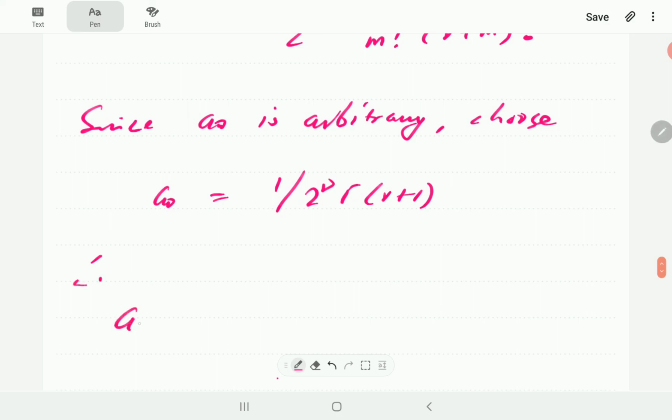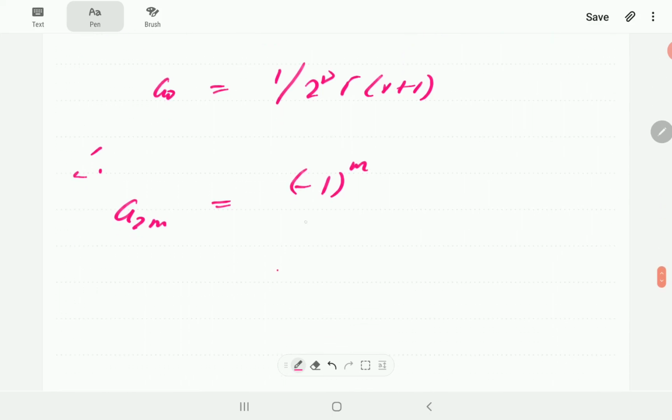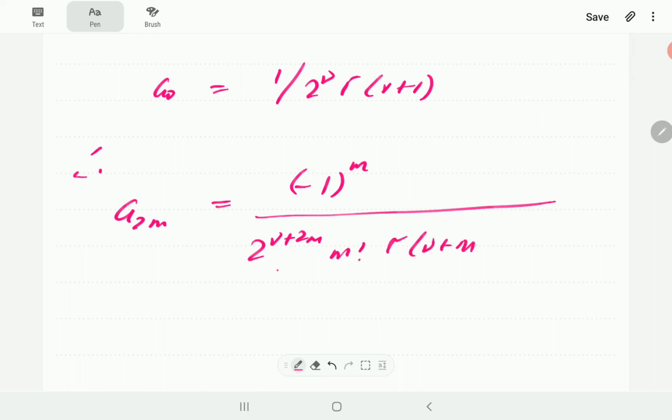So our a2m simply becomes negative 1 to the power m, all divided by 2 to the power nu plus 2m times m factorial times gamma of nu plus m plus 1.